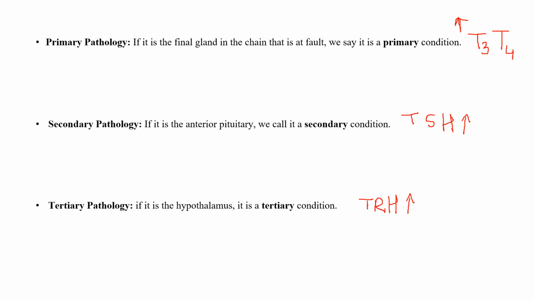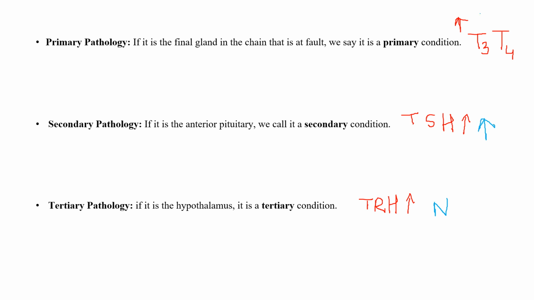So now just imagine a second scenario. The second scenario is in which there is no problem with the hypothalamus. The hypothalamus is normal. So it means that TRH is not raised. Okay, so just take it not raised for now. But the problem is with the anterior pituitary. Now, TSH is increased.